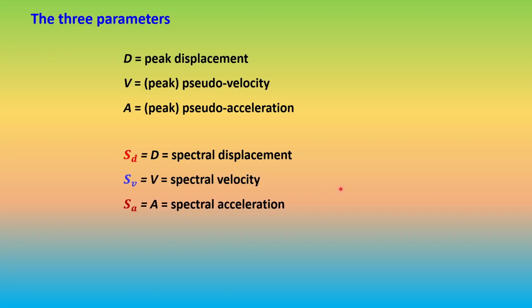So from the word spectrum, the spectral term comes, and we have the three varieties of spectral parameters: spectral displacement, spectral velocity, and spectral acceleration. All these will be having their utilities depending on the cases, and we'll see how they are expressed.